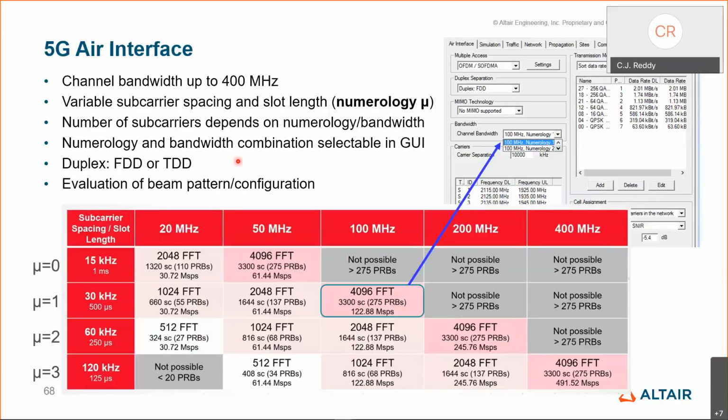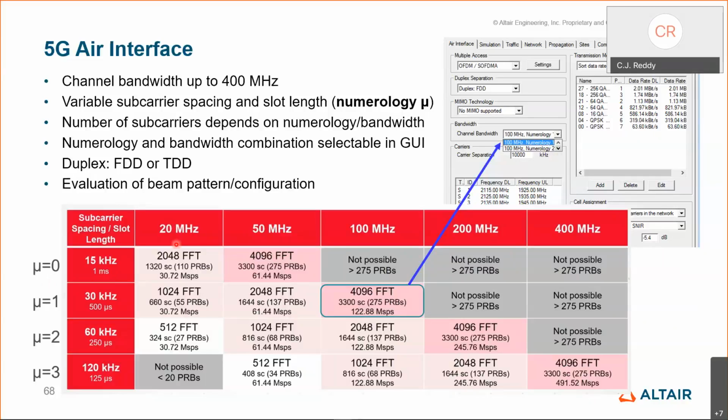But they also introduced what is called numerology, a term mu, where what I understand is that mu equal to 0 was for the LTE type of application. It is right now with the 20 megahertz bandwidth with the 15 kilohertz subcarriers. So you can fit many channels into this 20 megahertz bandwidth.